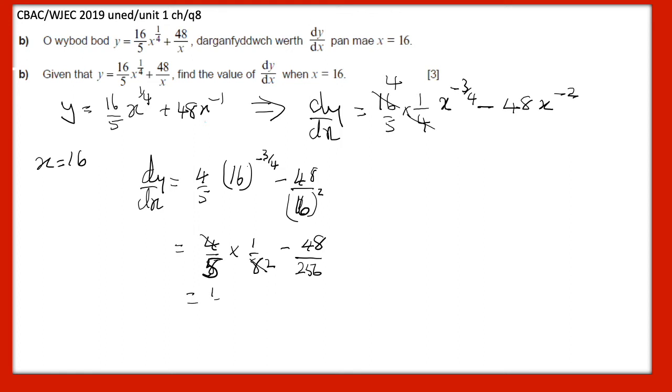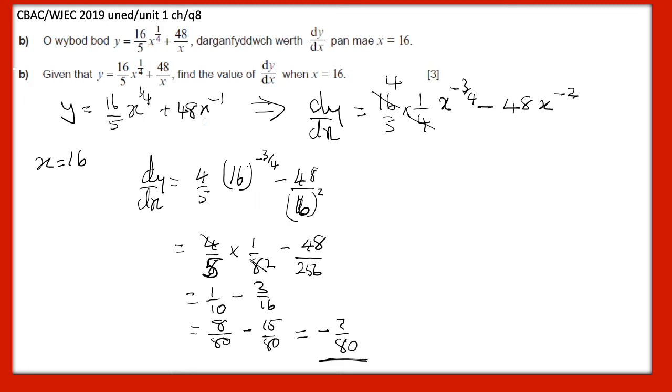This becomes 1/10 minus 3/16. And your calculator will do this, but 8 over 80 minus 15 over 80 equals minus 7 over 80.